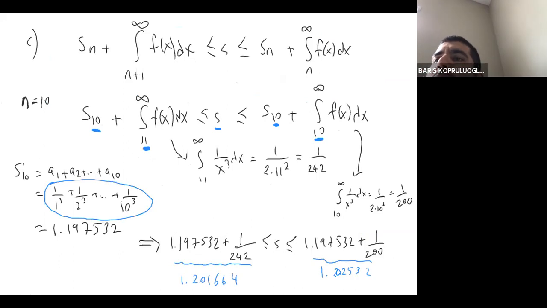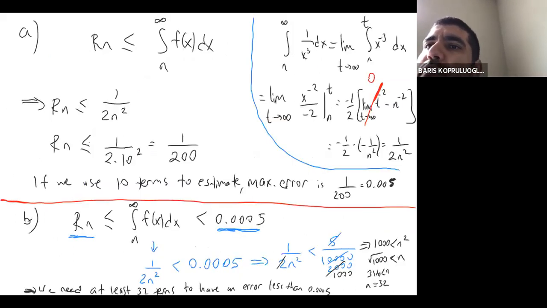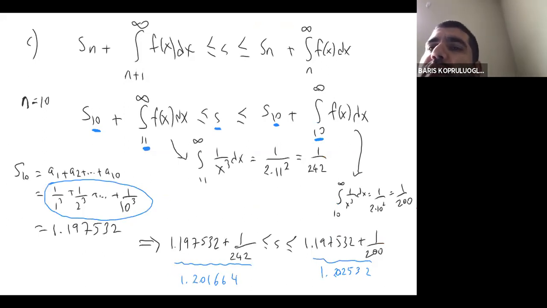And the integral of f turned out to be 1 over 2n squared. So if you want to calculate the integral of f from 10 to infinity, it will be 1 over 2 times 10 squared. And if you want to calculate the integral of f from 11 to infinity, it will be 1 over 2 times 11 squared.